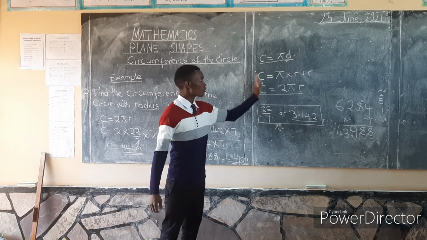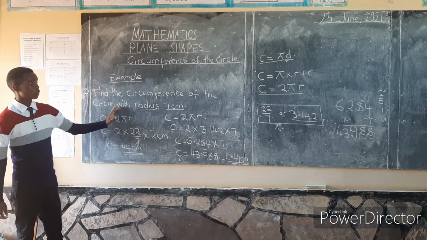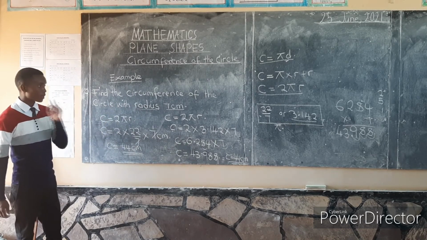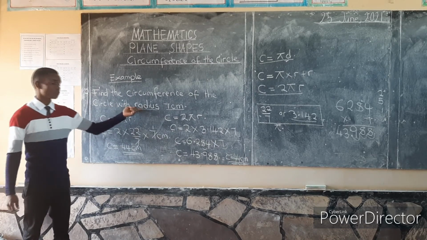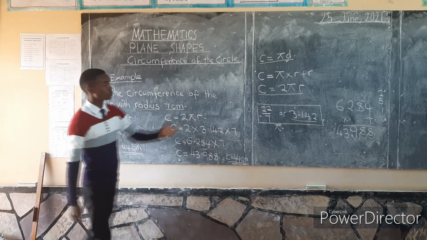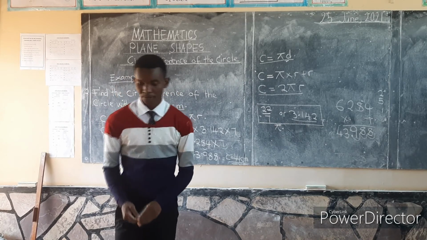We use these two formulae to calculate the circumference of the circle, just following step by step. But one thing you should consider is what you'll be given. Is it the radius or the diameter? Then you should know the formula that you're supposed to use there.